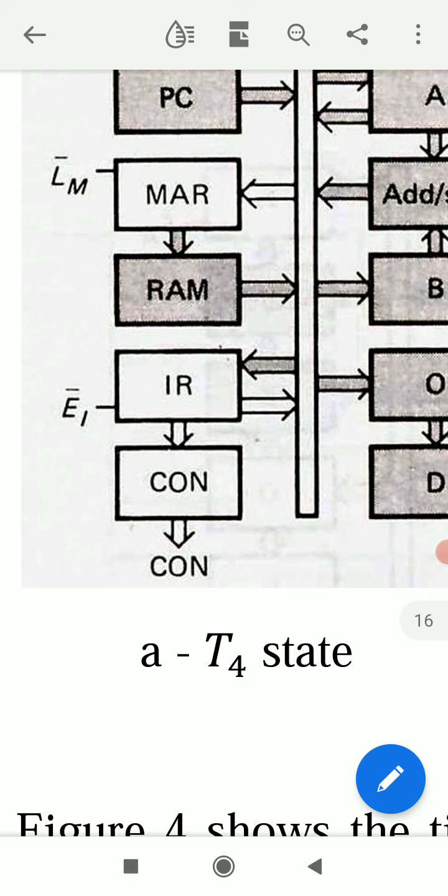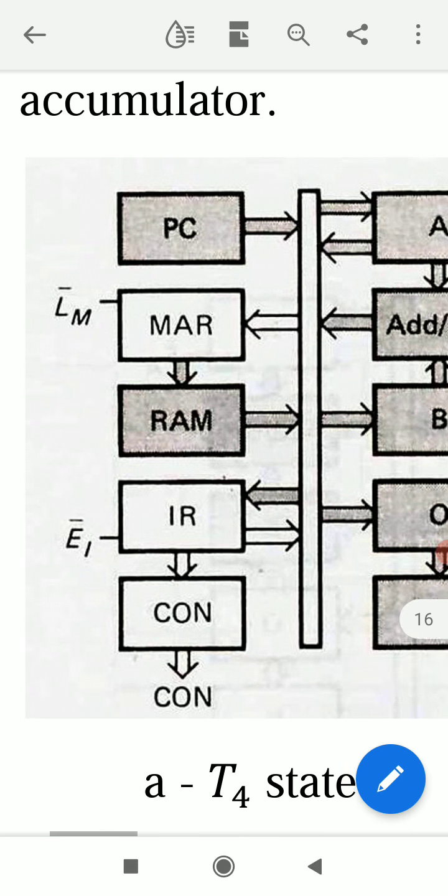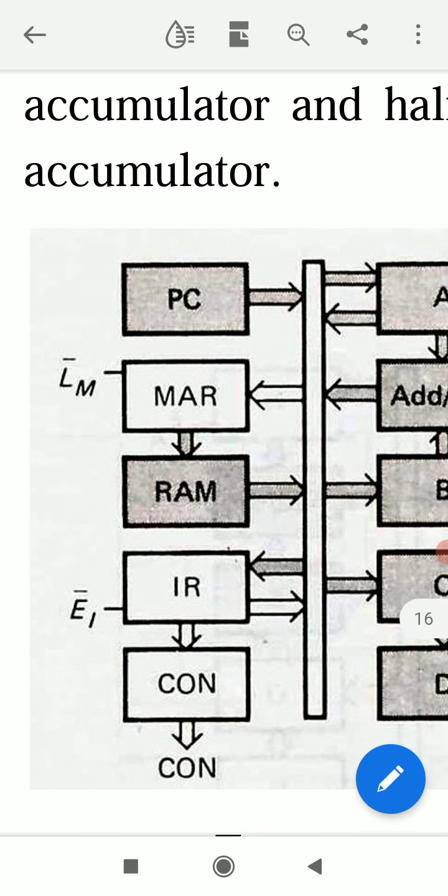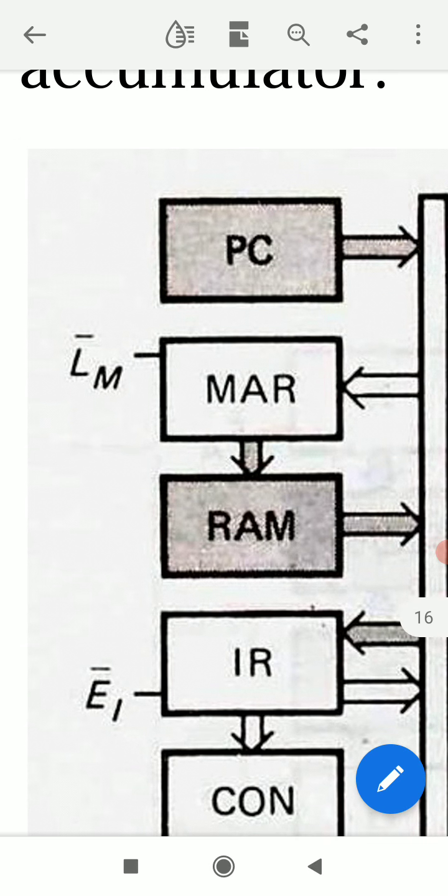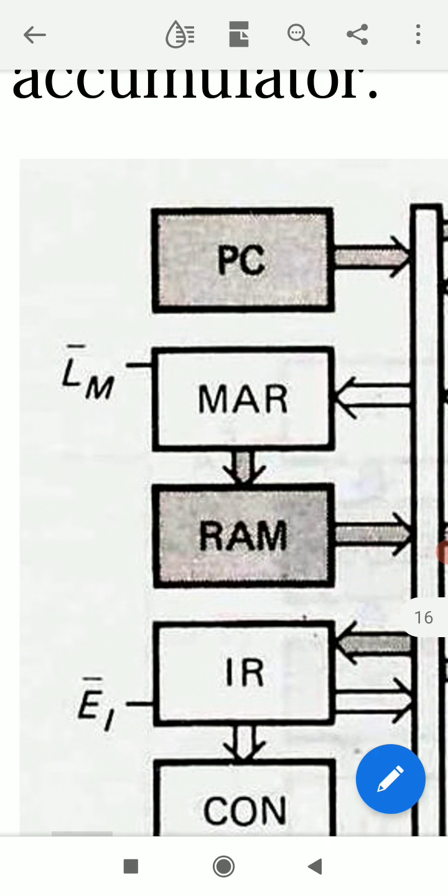Enable instruction register, E for enable, I for IR instruction register. So when EI bar is 0, these 4 address field bits go to W bus, and from W bus these 4 bits go to MAR only when LM bar is active, load MAR.